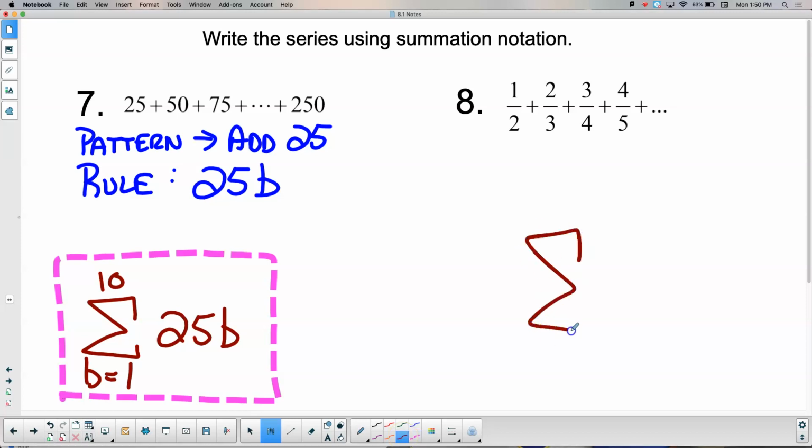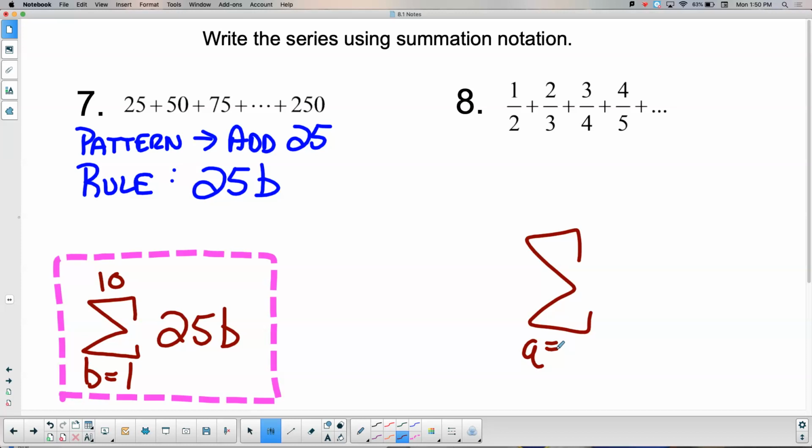Sigma notation. Variable. Q. Pattern. N over N plus 1?